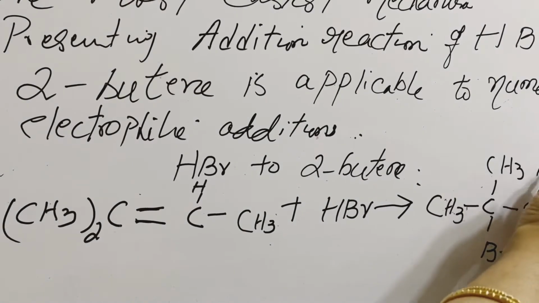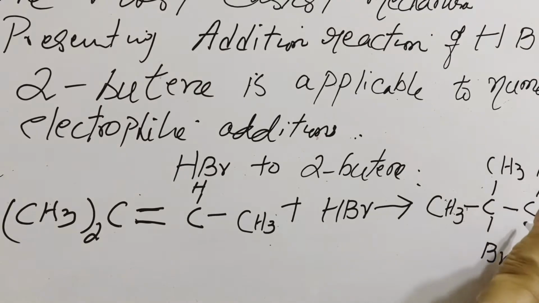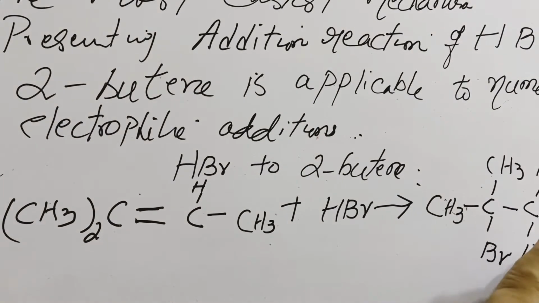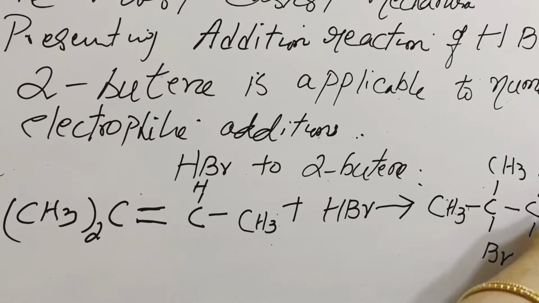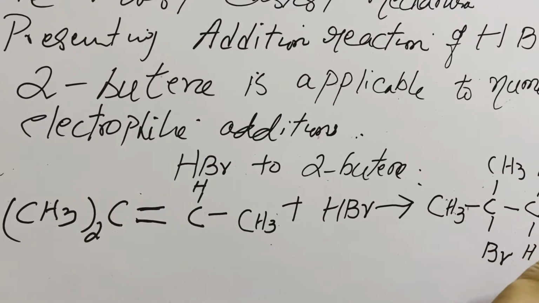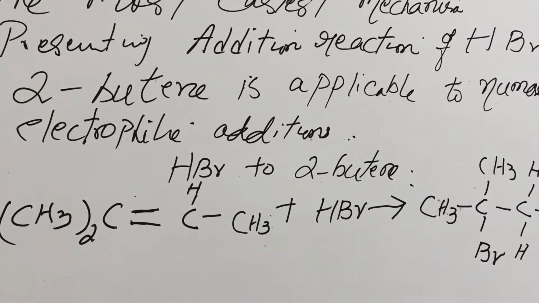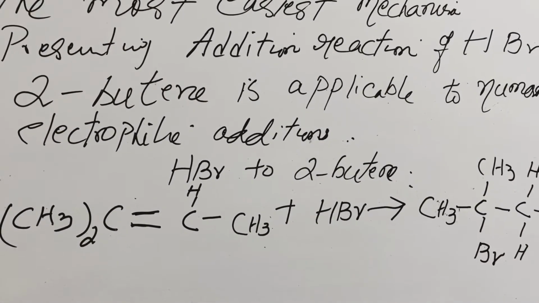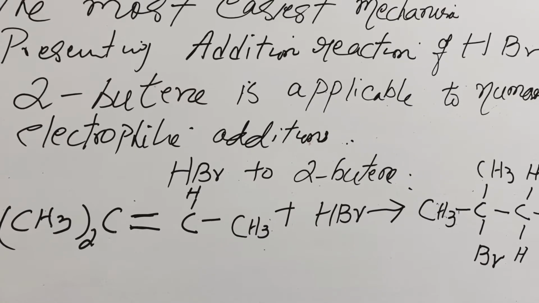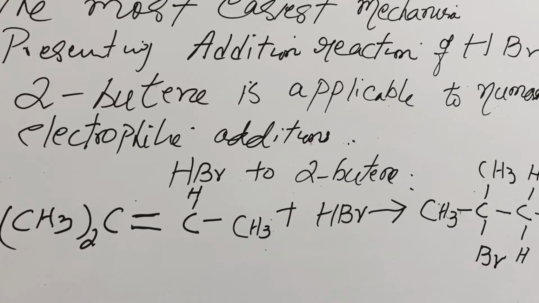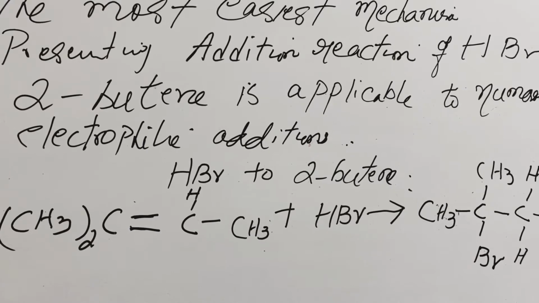It has got a hydrogen over here and a hydrogen over here, and again a C that would be having a hydrogen there, a hydrogen here, and a hydrogen here. CH3, C, CH3, Br, CH2, CH3. This is the product which you can call an observed product. The other one is not observable.